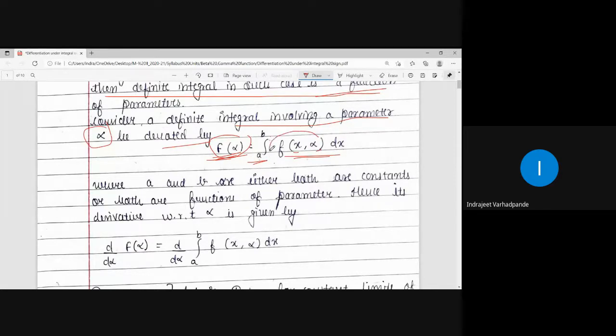After doing the integration with respect to x, the limits will be put in place of x, and therefore alpha remains as it is, which plays the role of a parameter.